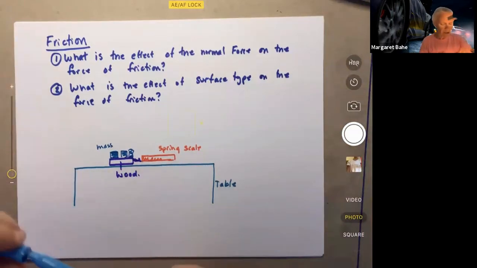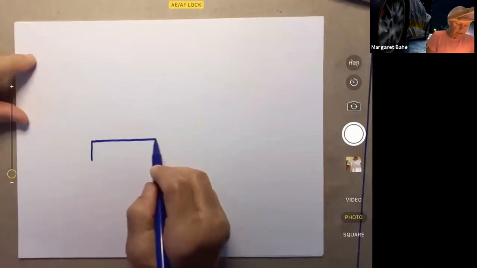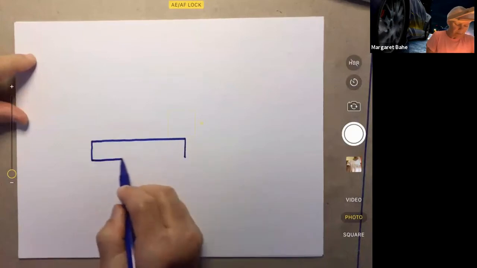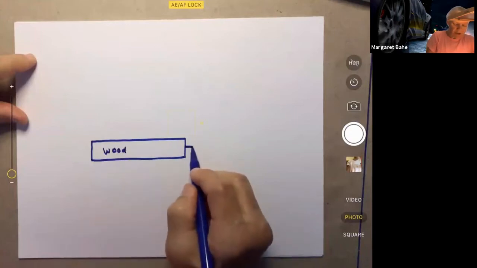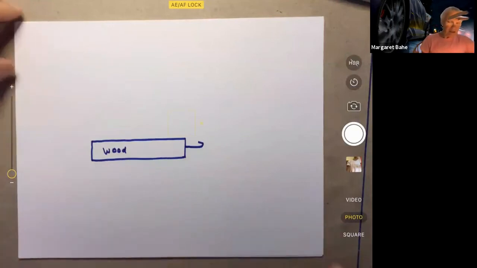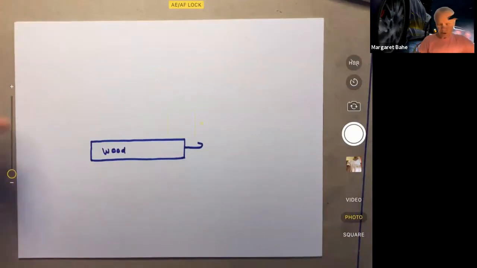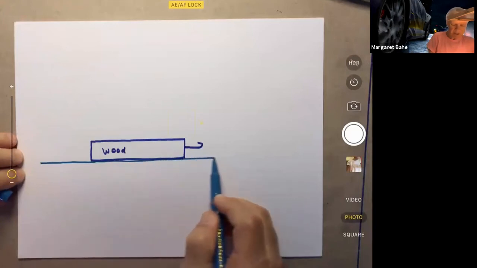So let's take a look at the forces that are going to be involved in our experiment today. So let's let this represent the piece of wood. And here's the hook to which we are going to attach the spring scale. And as the wood is sitting here, of course, it's sitting on our table. There's the top of our table.